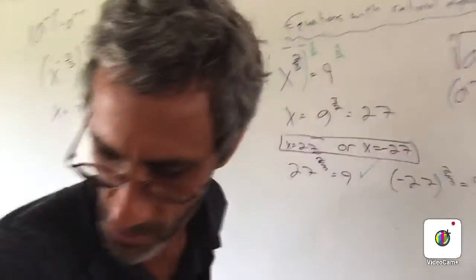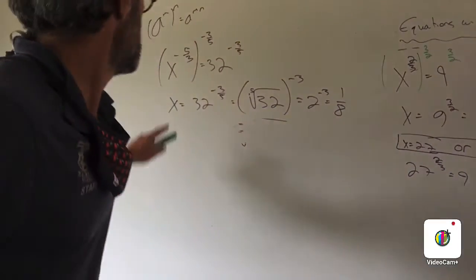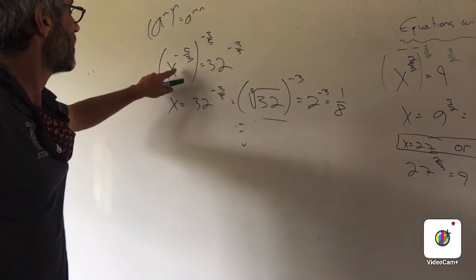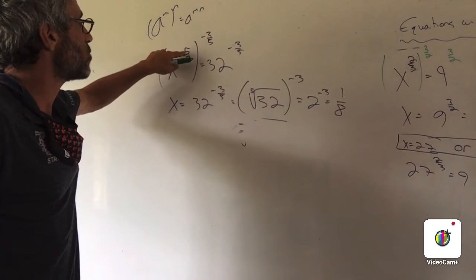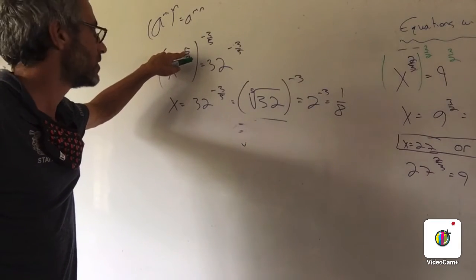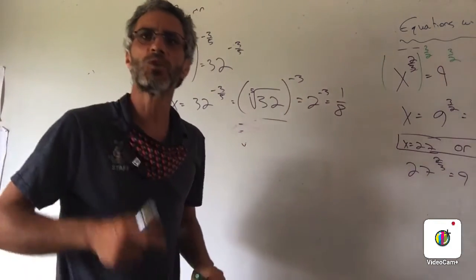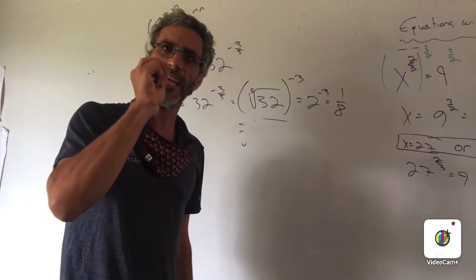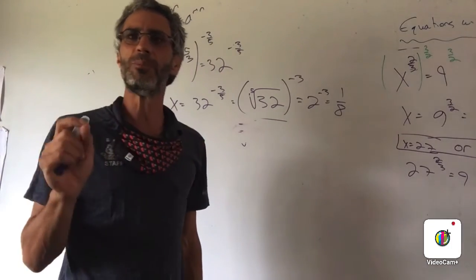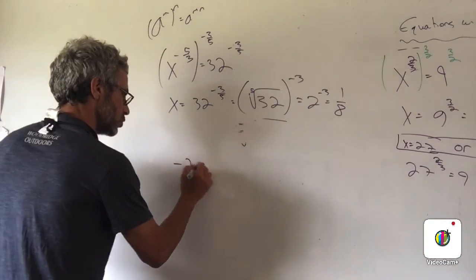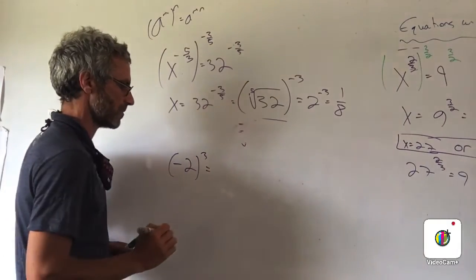Come with me, okay? Here, I have x to the power 5. This was an odd power. x to the power of 1, or x to the power of 3, or x to the power of 5 will take a negative number and keep it negative. Look at this. Minus 2 to the power of 3, how much is that?